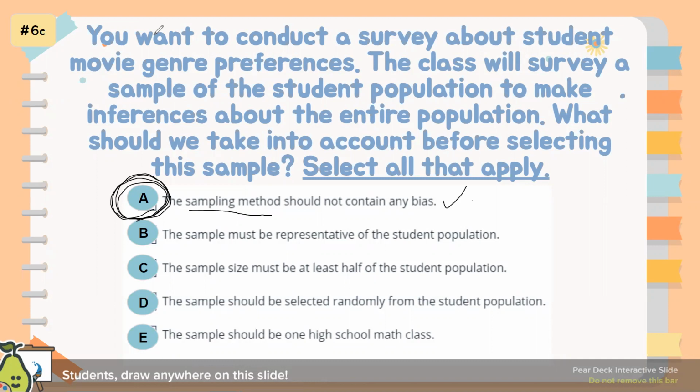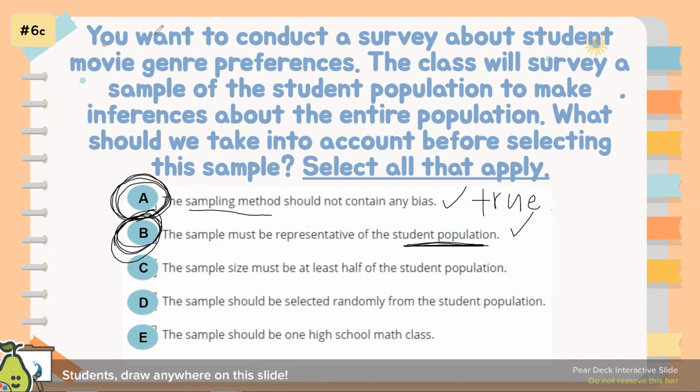So I would say that is definitely true. Therefore, we would select it. B: the sample must be representative of the entire population of the student population. That was the whole reason why we couldn't just ask our class. So it should represent the entire student population, so B would also work.